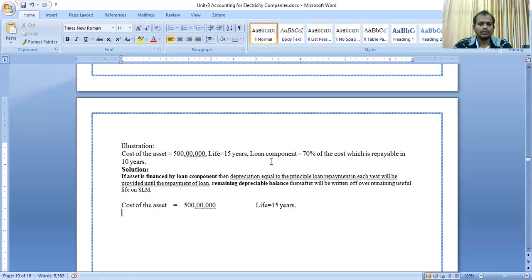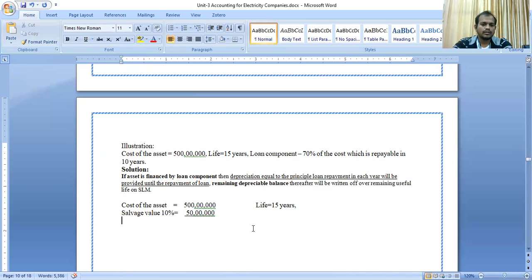There is no mention of salvage value in the illustration, but we have to follow the regulation and calculate 10% of the cost of the asset as salvage value. It comes around 50 lakhs.